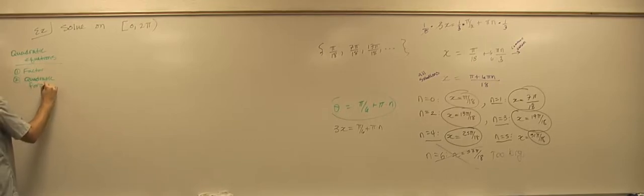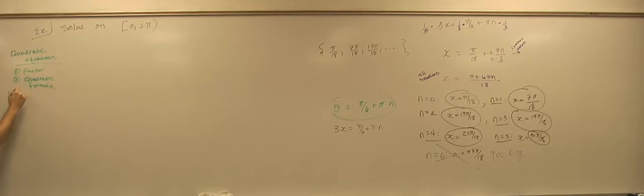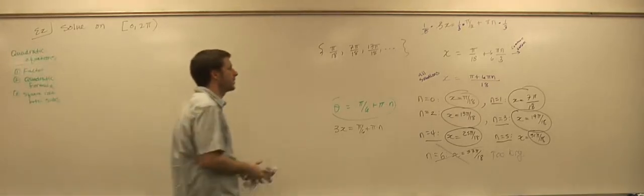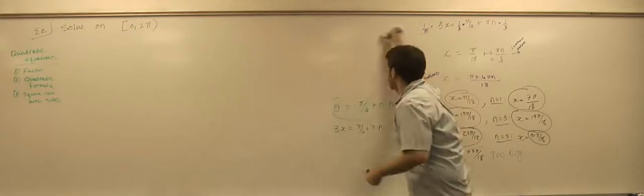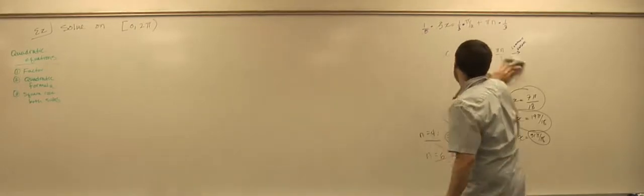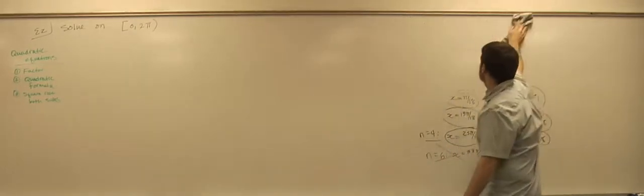And sometimes, if they're simple enough, you can just square root both sides. You can only do that if it's a simple quadratic equation, but I have an example like that. There was also completing the square. If you remember that, you can use it, but the quadratic formula and completing the square do the same thing. Most of the time, you'll be able to factor on these questions, but not always.